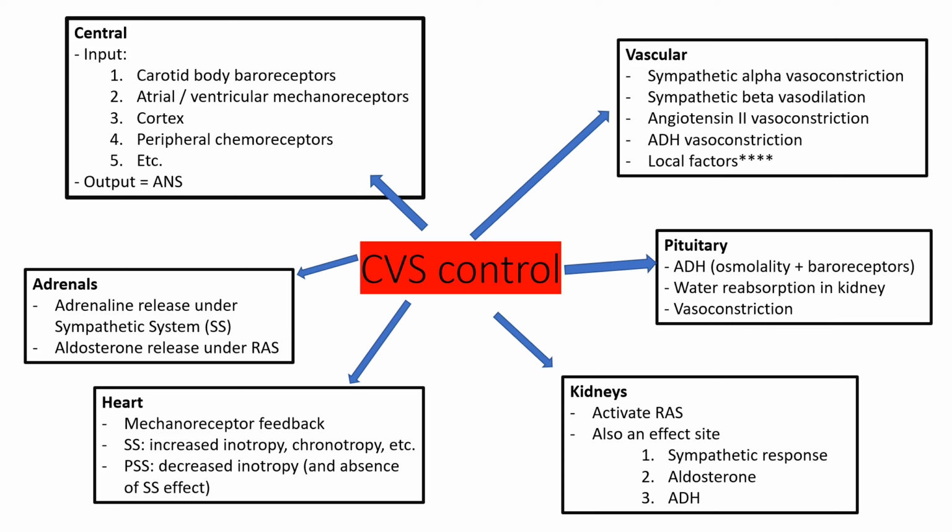The adrenal glands play a role by releasing adrenaline into the bloodstream under sympathetic activation, and aldosterone into the bloodstream under activation from the renin-angiotensin system. The kidneys also play a role.